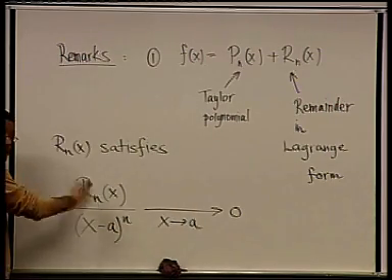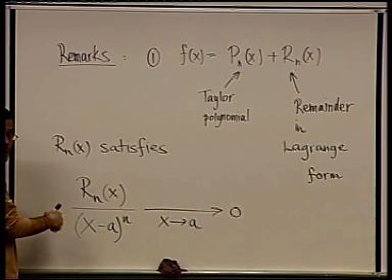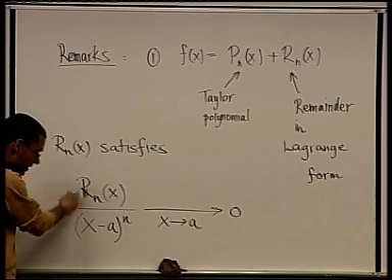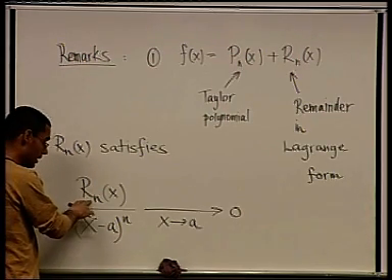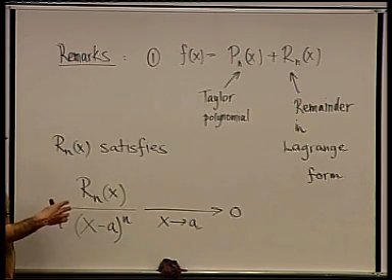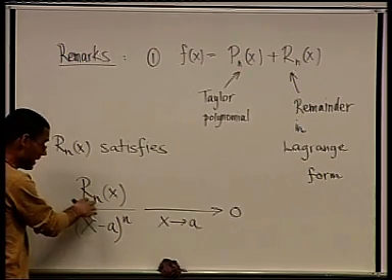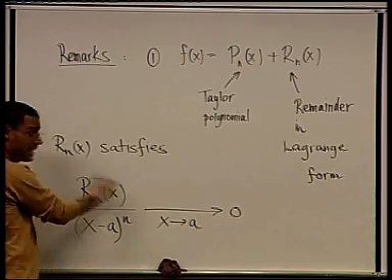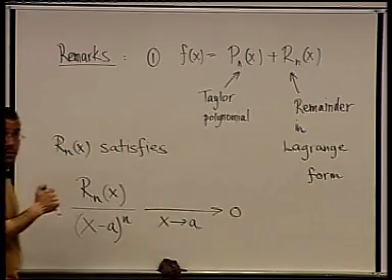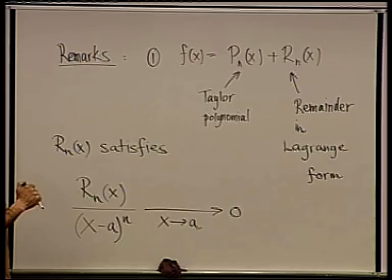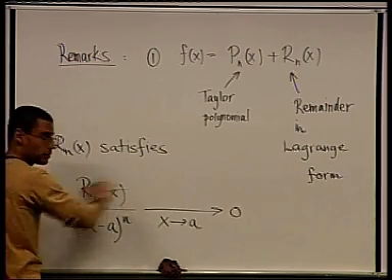When we started by working with the tangent line, we said this for n equals 1. We said that the remainder, which was f of x minus p of x, right? R of x is just f of x minus p of x. Remember we did that? f of x minus p of x approaches 0.